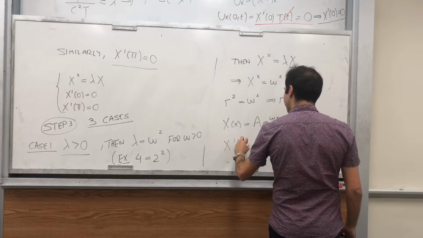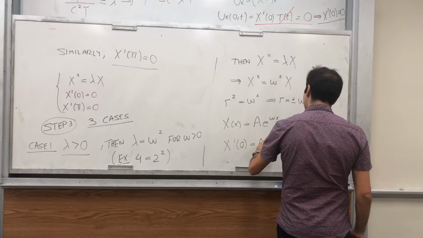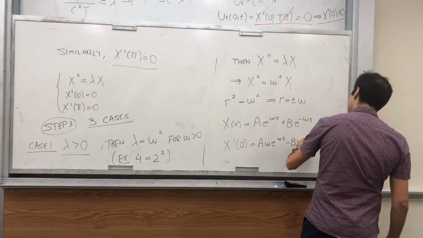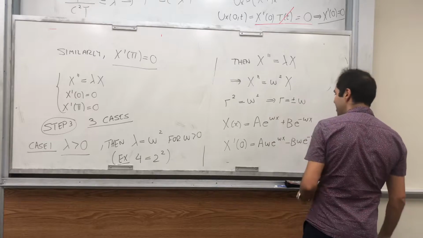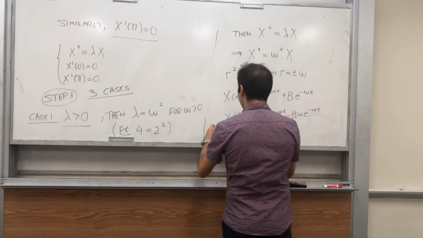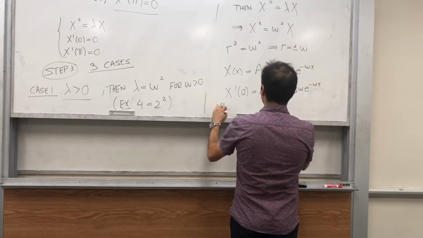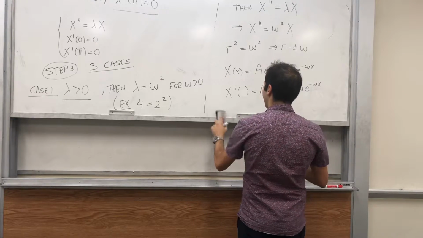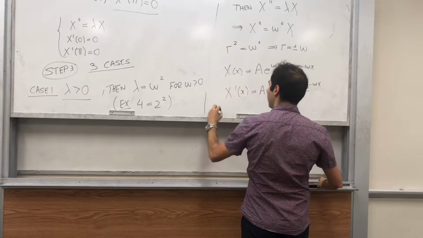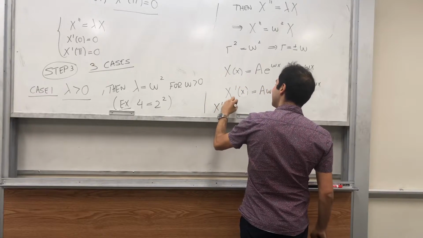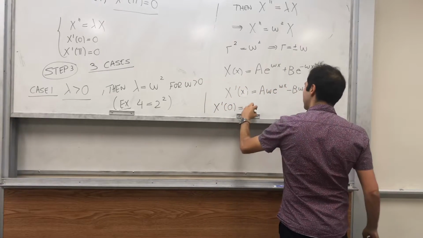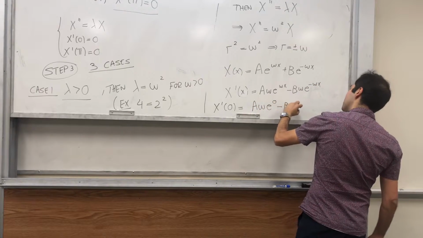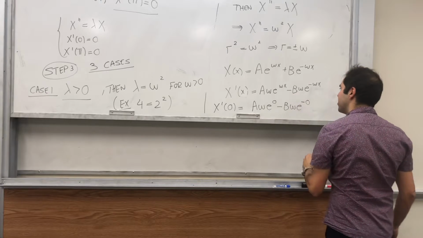So x prime of x is a omega e to the omega x minus b omega e to the minus omega x. Now you plug it in at 0. X prime of 0 is a omega e to the 0 minus b omega e to the minus 0.